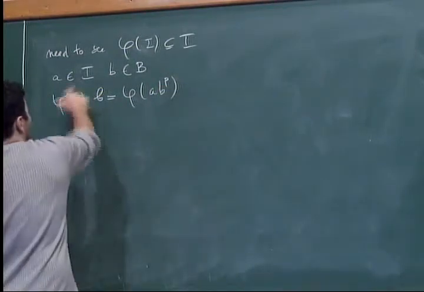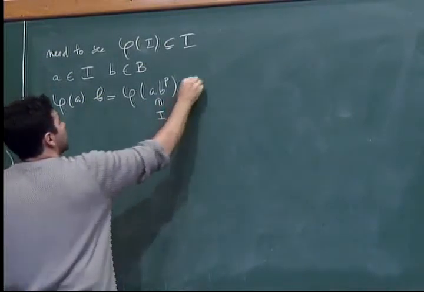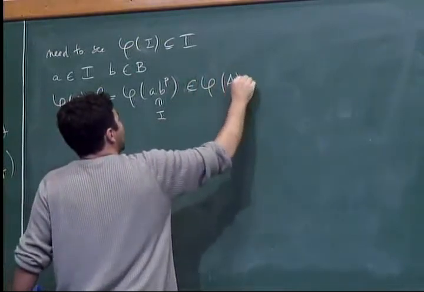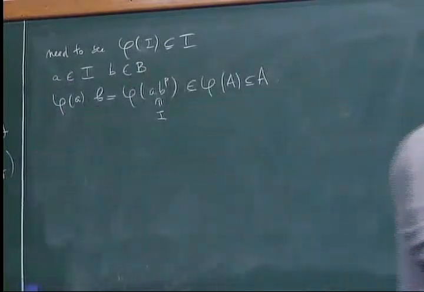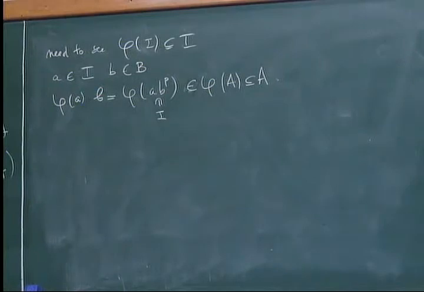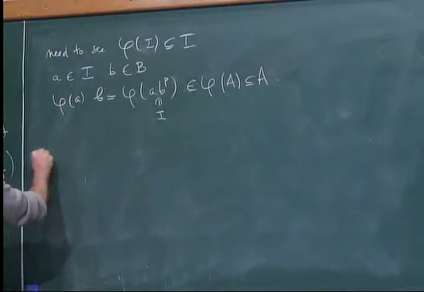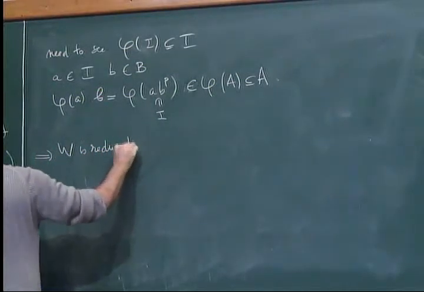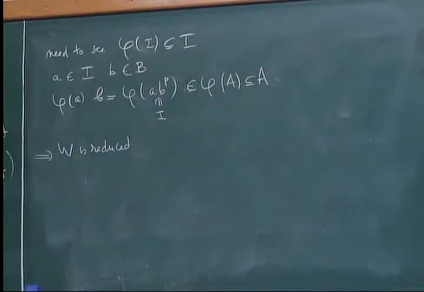So as I is an ideal in B, this is in I. So this belongs to the image of A, that is, A. Okay. So you get this for free. So in particular, W is reduced, as we saw before.